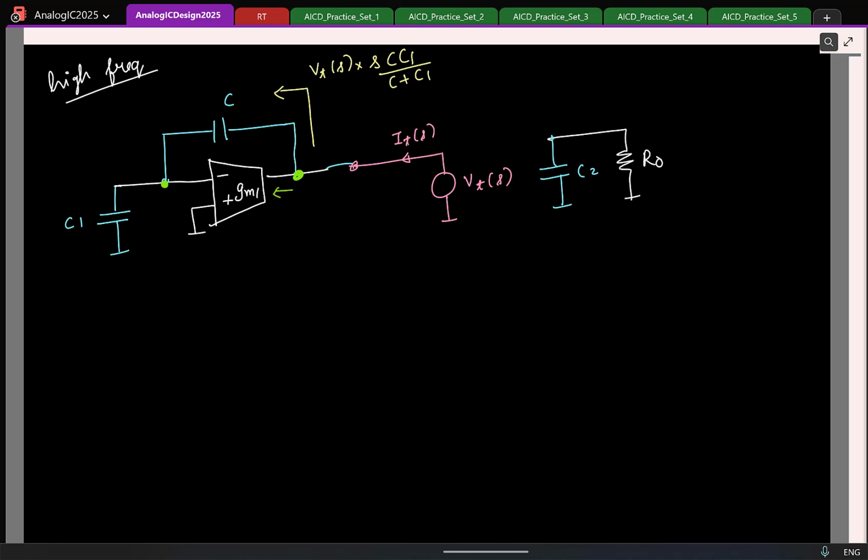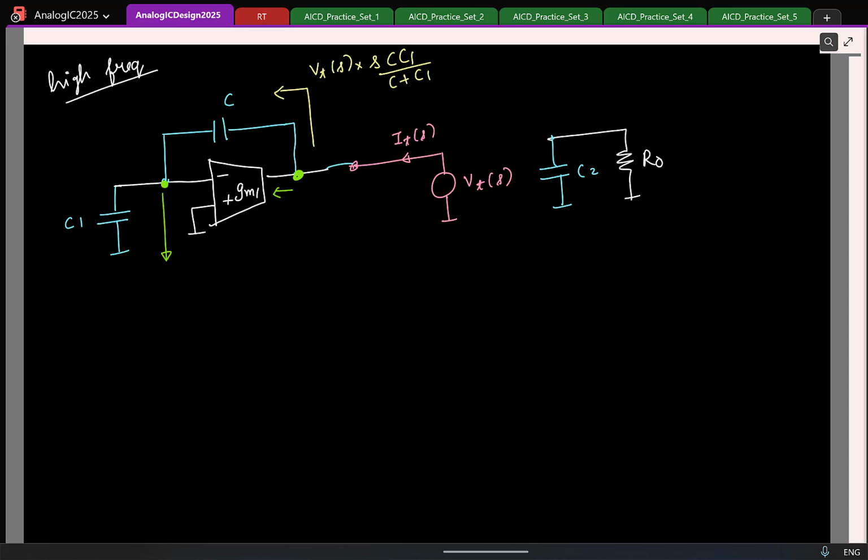Now if I were to find this current, what should I find first? The voltage at this node. What is this voltage? V test. Then what can you say about this voltage?